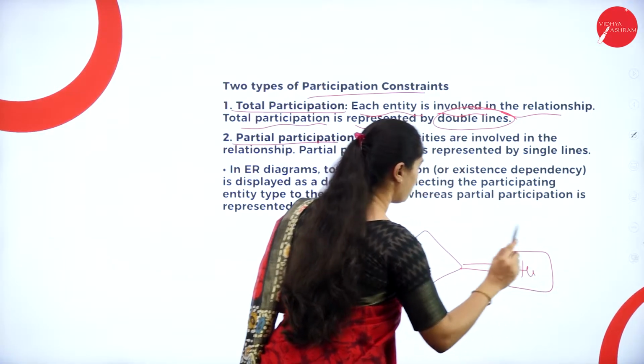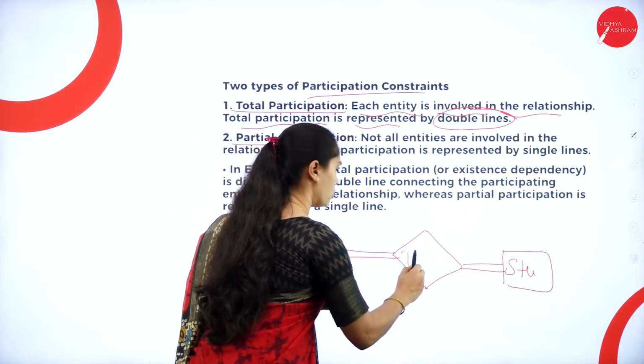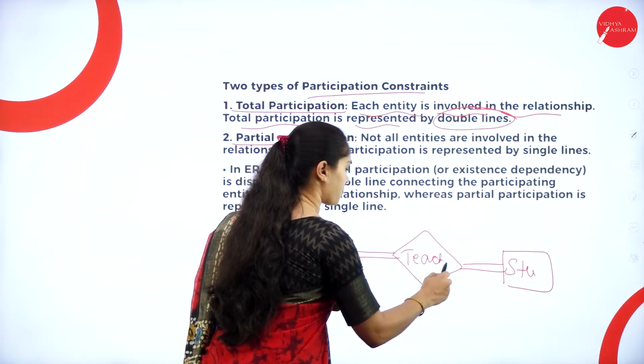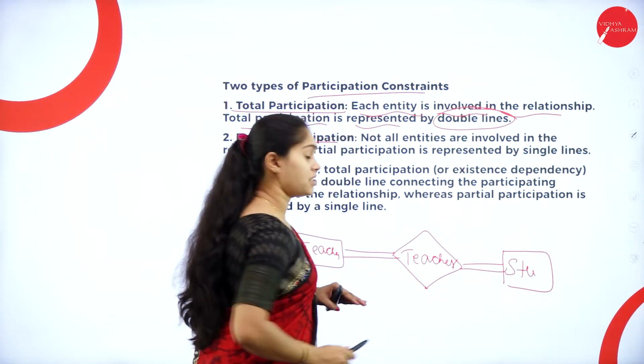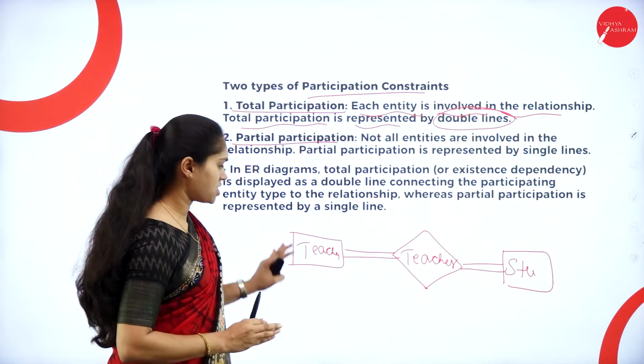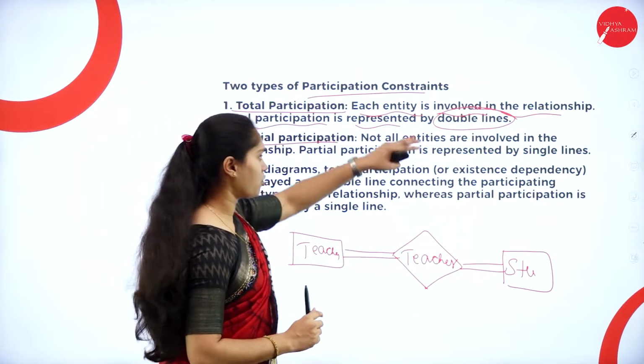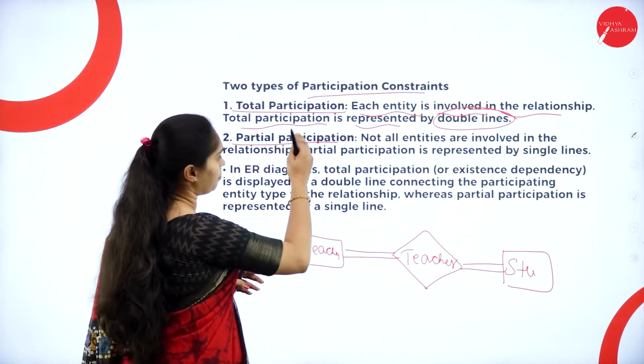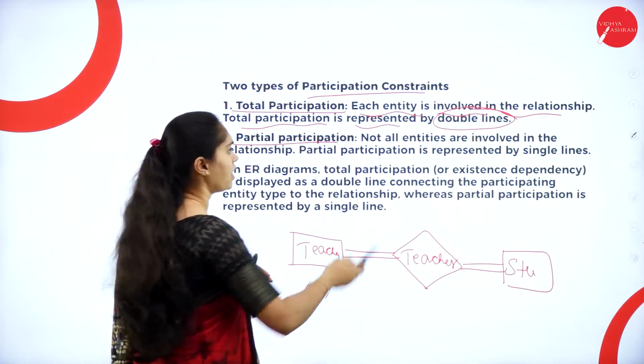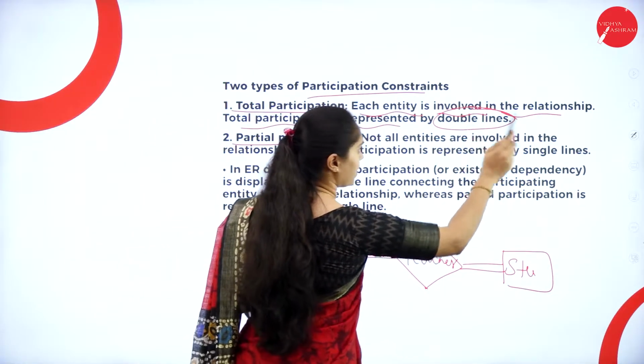At that time, all the teachers will teach all the students of a college. This is one entity, this is another entity that you can see here. When it is a complete or total participation, each entity is involved in the relationship.